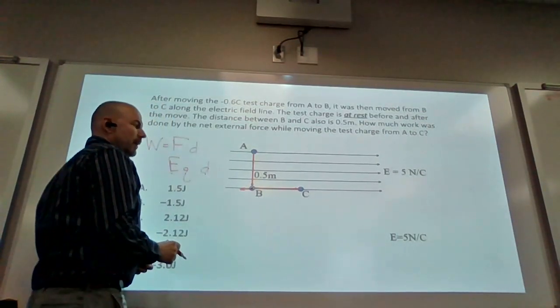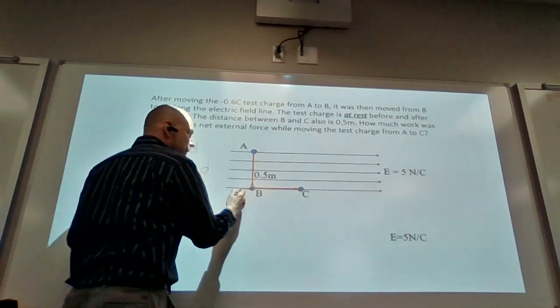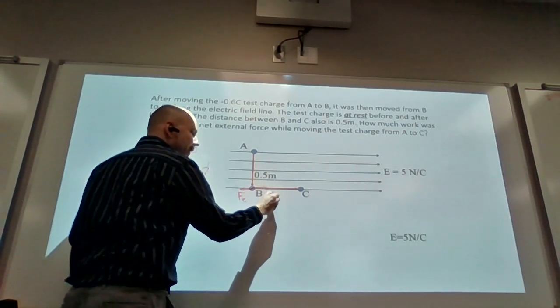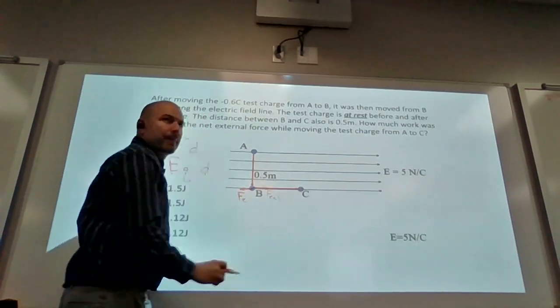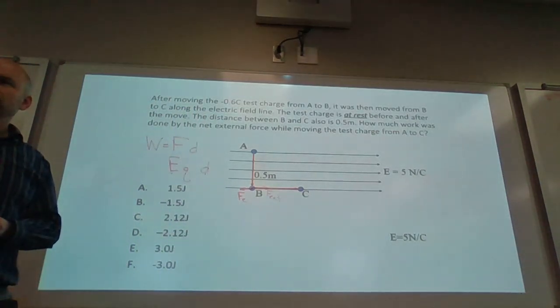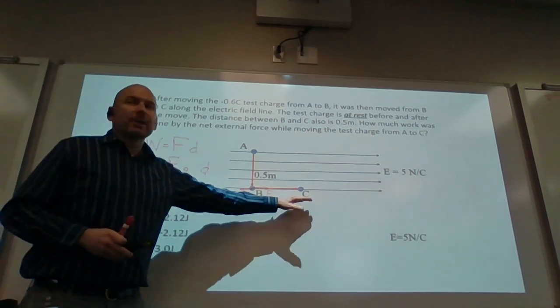And then the way I think about it is the force acting on this thing is this way. This is the electric force. My external agent has to move it this way, doing positive work. The external force is doing positive work.